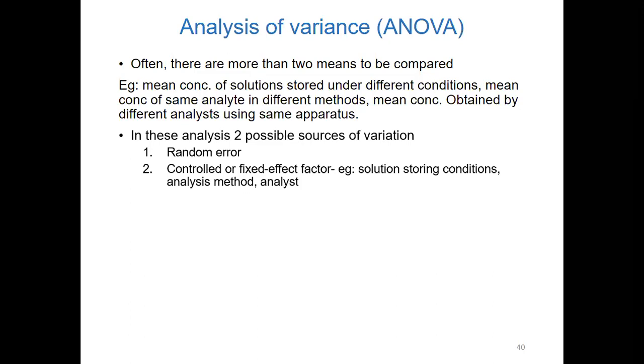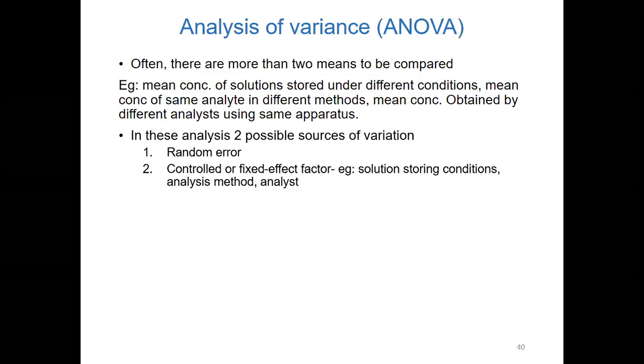For example, solution storing condition, analysis method or analyst. Those things we cannot change. The analyst we cannot change. If we are comparing some analytical methods, that method we cannot change. And if we store the solutions in 3 different conditions, we cannot change the effect coming from those conditions.